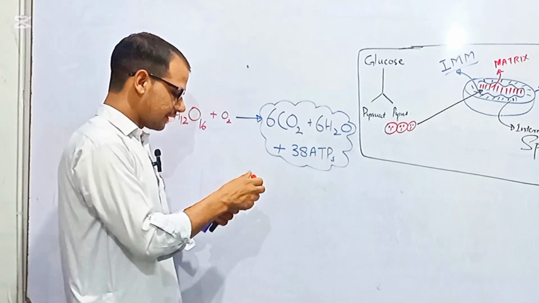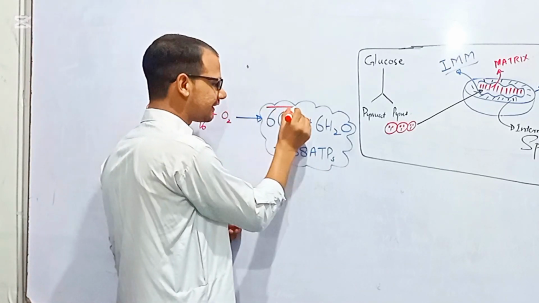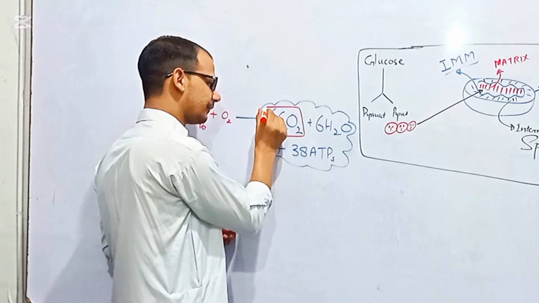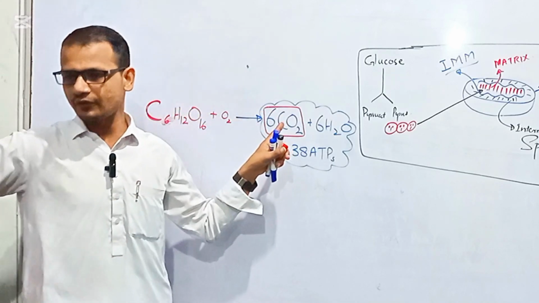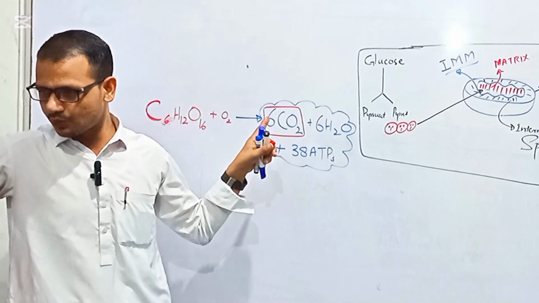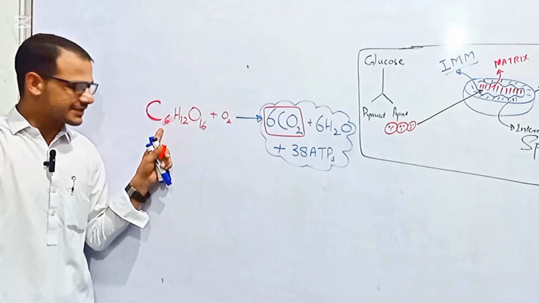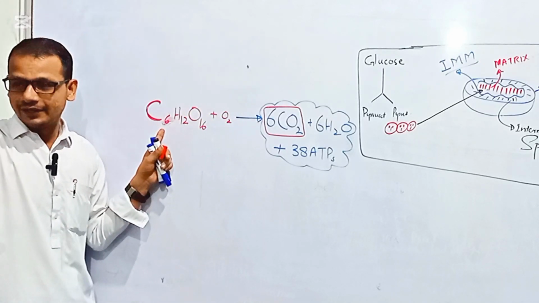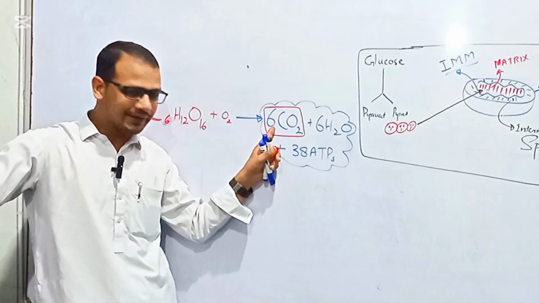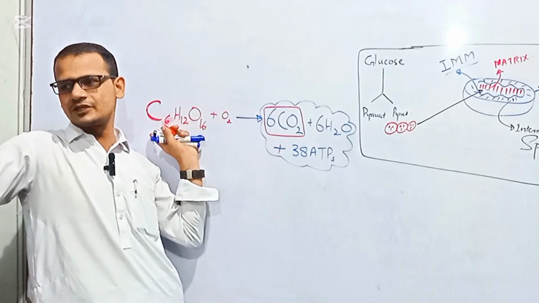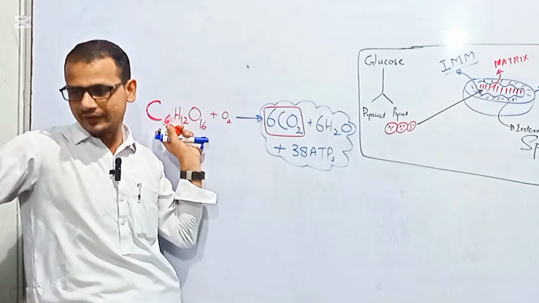So here you can see 6 carbon dioxides are released from this glucose, and how many carbons are here? 6. It means that in each carbon dioxide, 1 carbon from glucose is excreted, right?